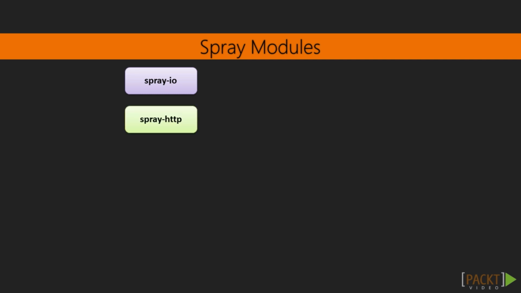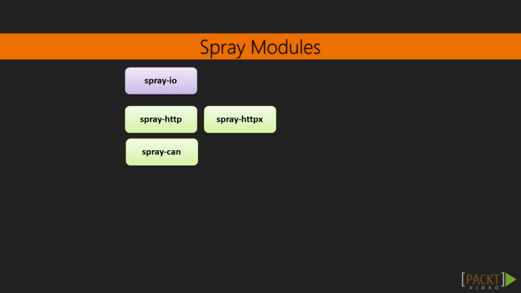Spray HTTP provides an immutable model for HTTP requests, responses, and common headers. Spray HTTPX provides higher-level tools for working with HTTP messages. Spray-can provides a low-level, low-overhead, high-performance HTTP server and client built on top of Spray IO. Spray Routing provides a high-level routing domain-specific language, or simply DSL, for elegantly defining RESTful web services.